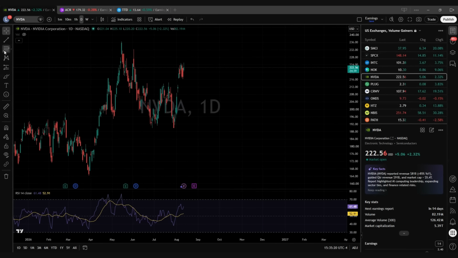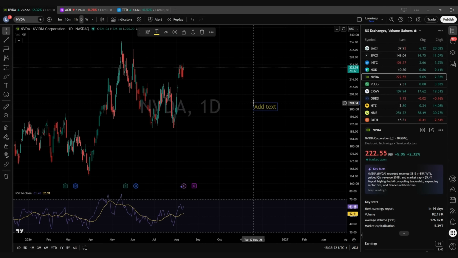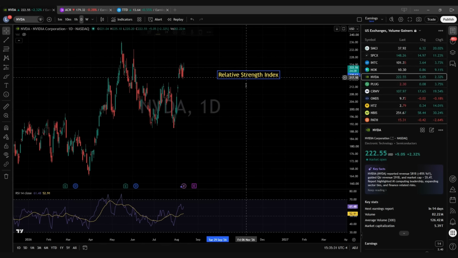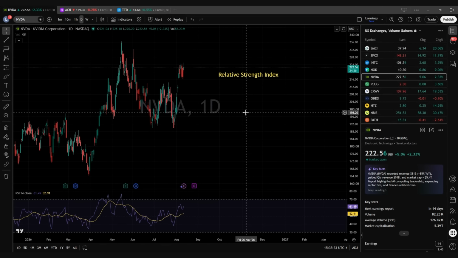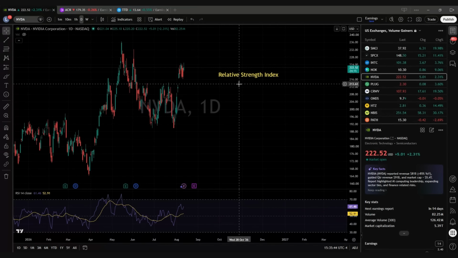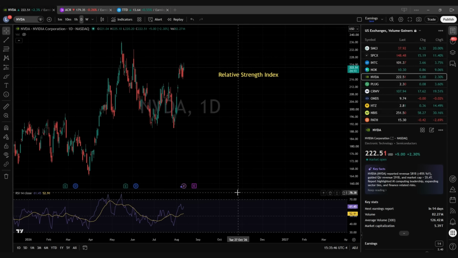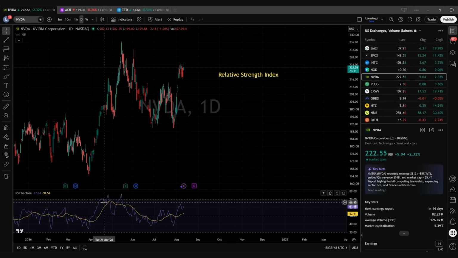Well, RSI stands for the Relative Strength Index. Basically, it tells you how strong a stock is comparatively. But there's a couple key things to understand. It's not as simple as just, well, if it's higher, that means it's stronger, and if it's lower, it's weaker.